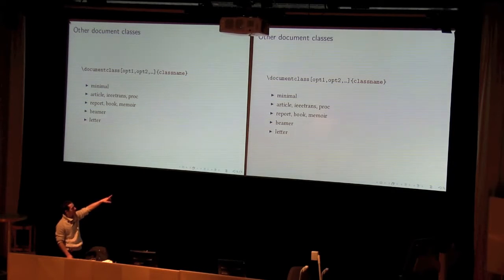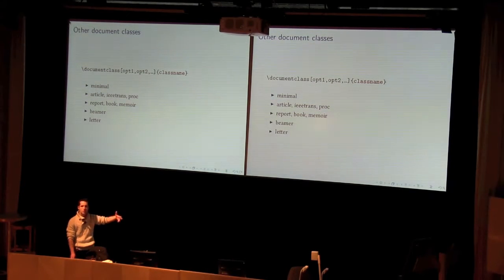IEEE trans is meant for IEEE publications, if you know this institution. And then, for bigger things, you have report, book, and memoir. These classes are meant for more than 10, maybe 20 pages. You will see the differences also in exercises. Beamer is meant for slides, and letter is meant for producing letters.